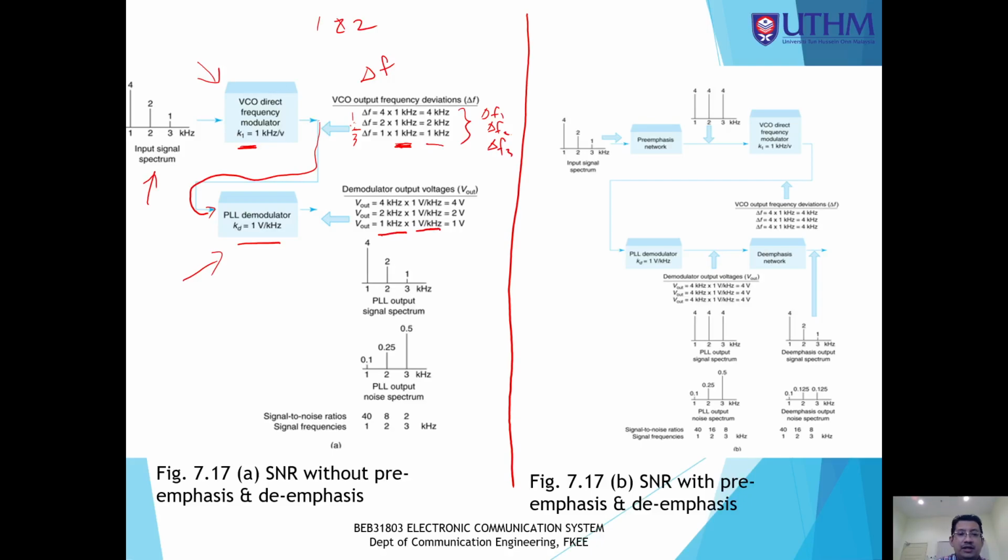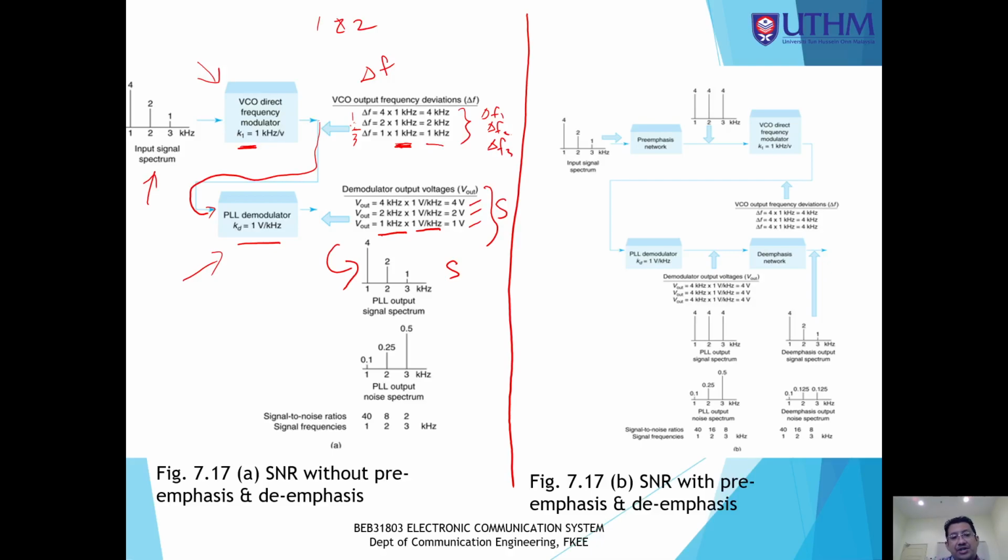So delta F1 multiplied with 1 volt per kilohertz gives 4 volt, 2 kilohertz gives 2 volt, and the other one is 1 volt. This is the signal level, and if we draw the spectrum, we will get something similar to the input.